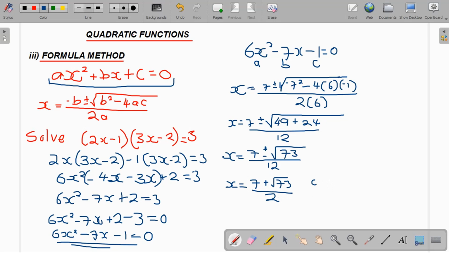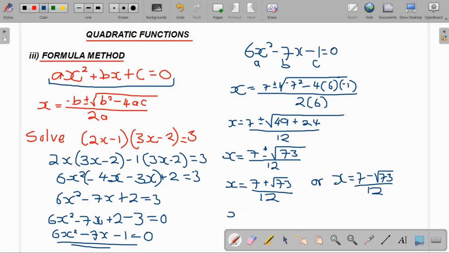And then the other side is x is equal to 7, and then we get the other sign, which is negative, minus the square root of 73 divided by 12. So this is 12, it's not 2, so 12.